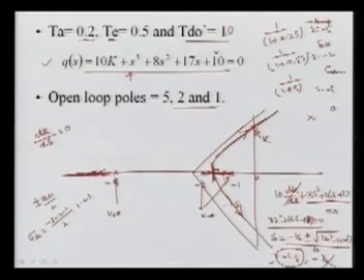So here we have to determine the value of critical gain. To obtain this, we have to find the intersection with the imaginary axis, and we can use the Routh criteria for that.